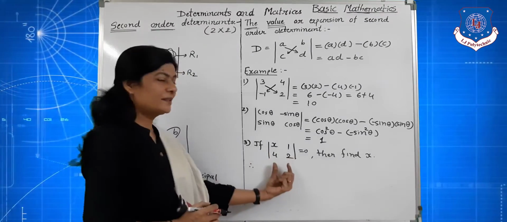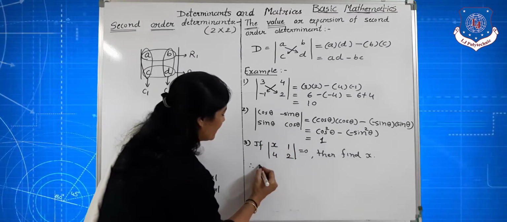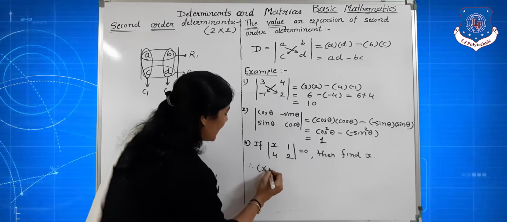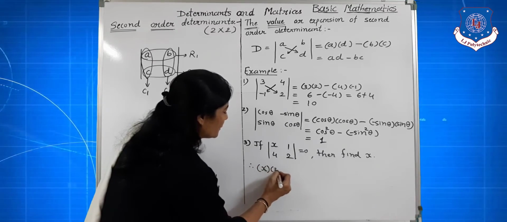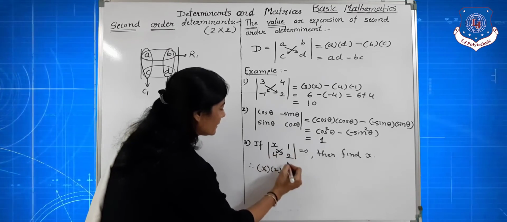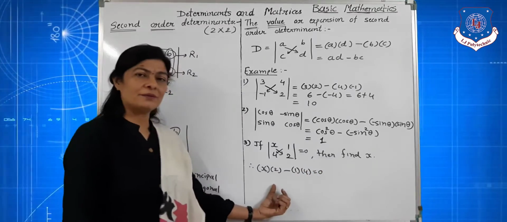So value of this determinant AD minus BC. So x into 2 minus 1 into 4 equal to 0.